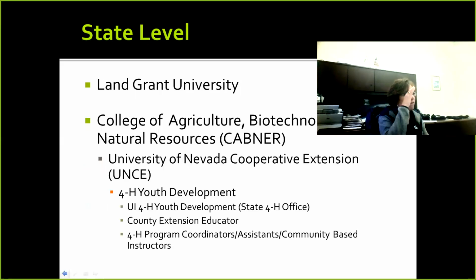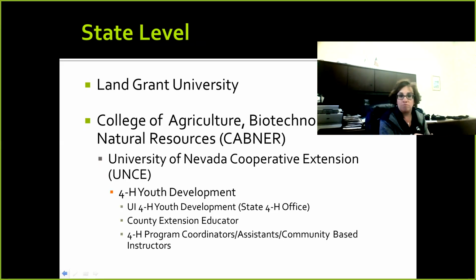And then we also have our 4-H program under cooperative extension. And so there is a state 4-H office. Currently, that state 4-H office is me, myself, and I, as the state 4-H program director. I'm really, really hoping that we will be able to increase the number of staff, so that there will be more programs that we can do within our state.